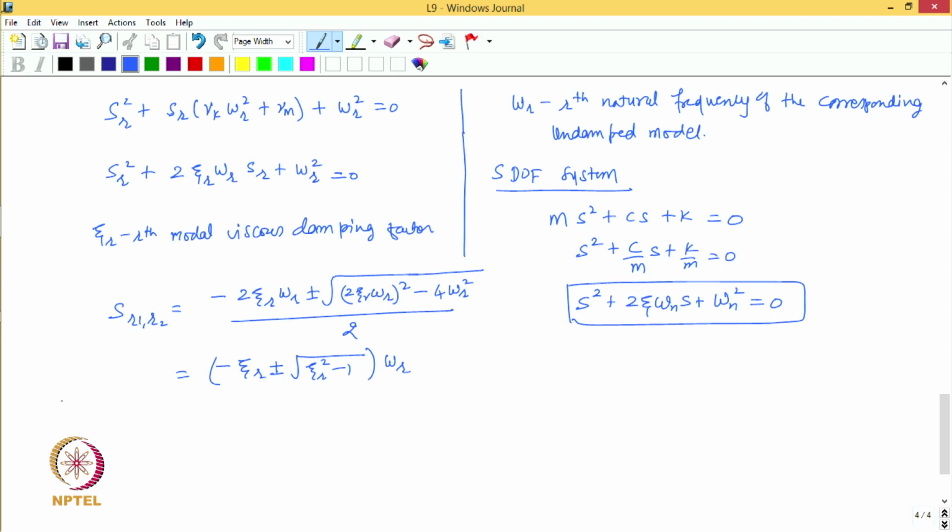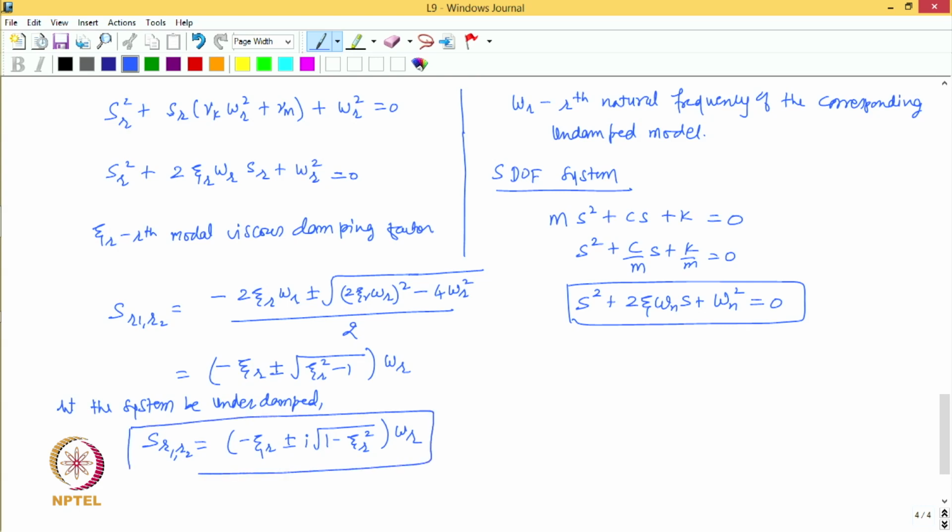And if I assume that the system is underdamped, which means the damping of the system is less than the critical value, then zeta r would be less than 1, and hence these roots can be written as s_r1, s_r2 equal to minus zeta r omega r plus minus i, the roots being complex conjugates, times the square root of 1 minus zeta r square, into omega r.